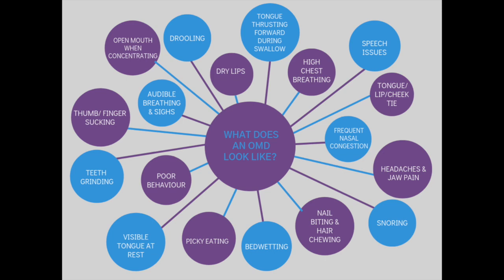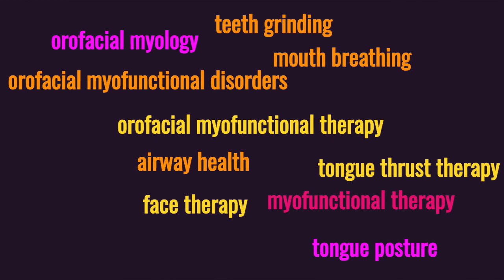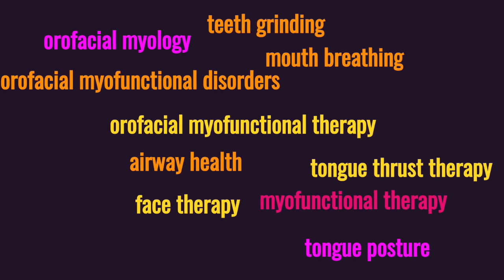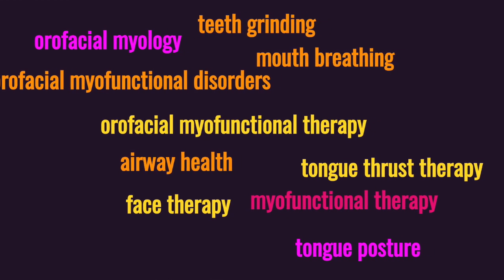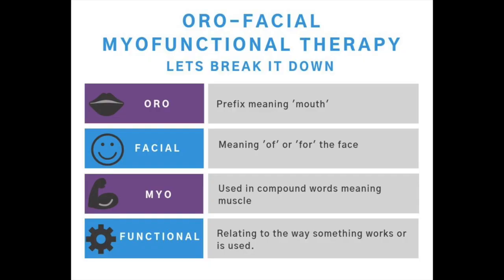Fortunately, you can correct an abnormal tongue position with myofunctional therapy. Myofunctional therapy goes by a lot of names: orofacial myology, orofacial myofunctional therapy, tongue thrust therapy, tongue tie therapy, and myofunctional therapy. Probably more that I don't even know about as well, but they're all the same. So I like to call it myofunctional therapy, but it's really orofacial myofunctional therapy.